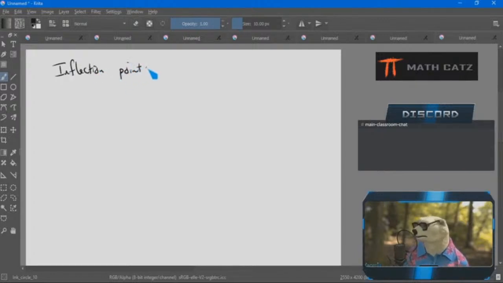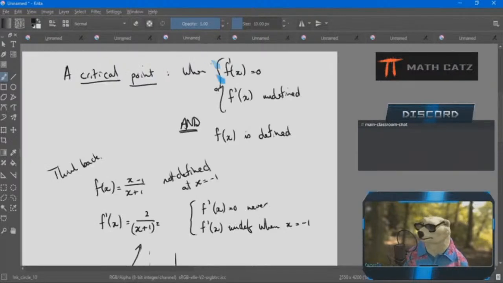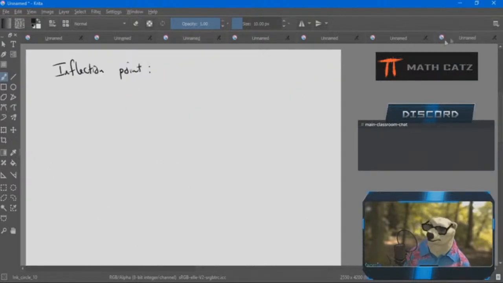So it's very similar to, was it this page? Yes, to critical points. Except it's going to come out when the second derivative is 0 or the second derivative is undefined.